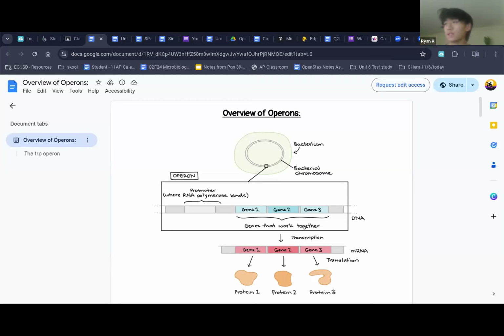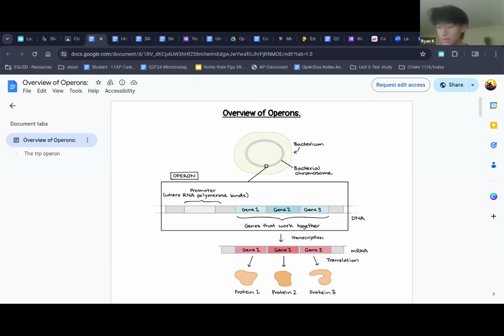DNA needs to transcribe itself into mRNA to get all the protein, and when mRNA goes into the ribosome, it turns into protein, but that's eukaryotes. And we're talking about prokaryotes because they have a separate function.